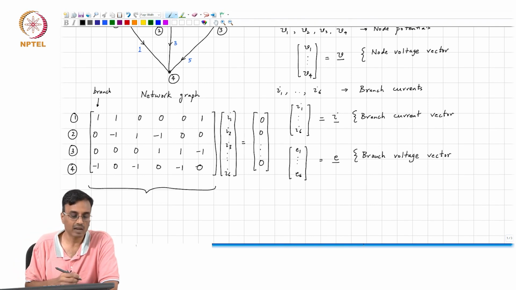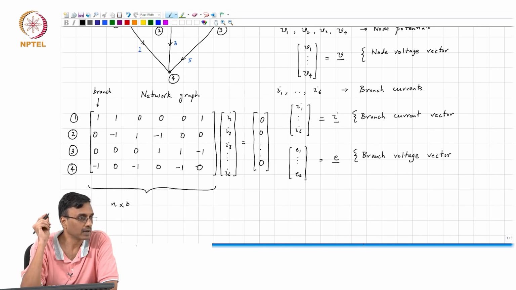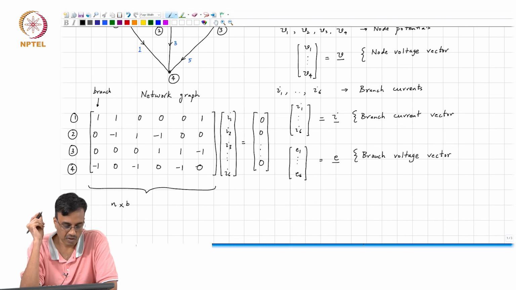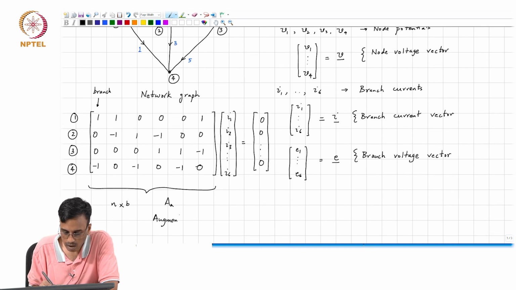So, the size of this matrix is the number of nodes is the number of rows cross the number of branches is the number of columns. So, this is an n cross p matrix, and this is often what is called the augmented incidence matrix.